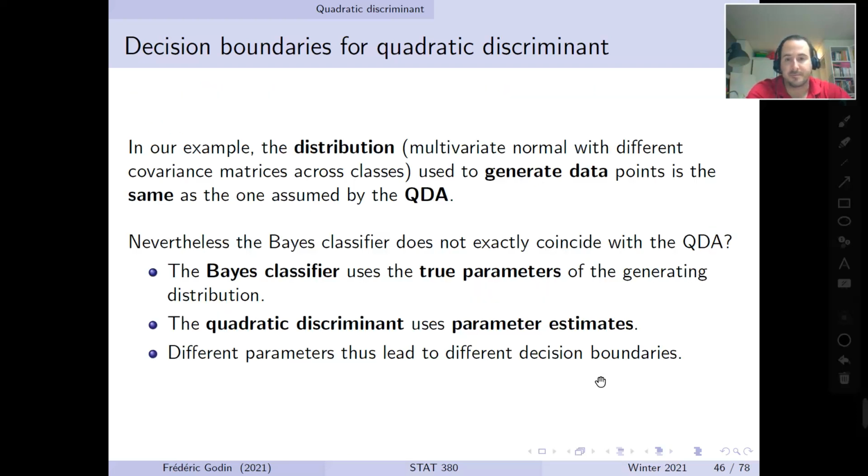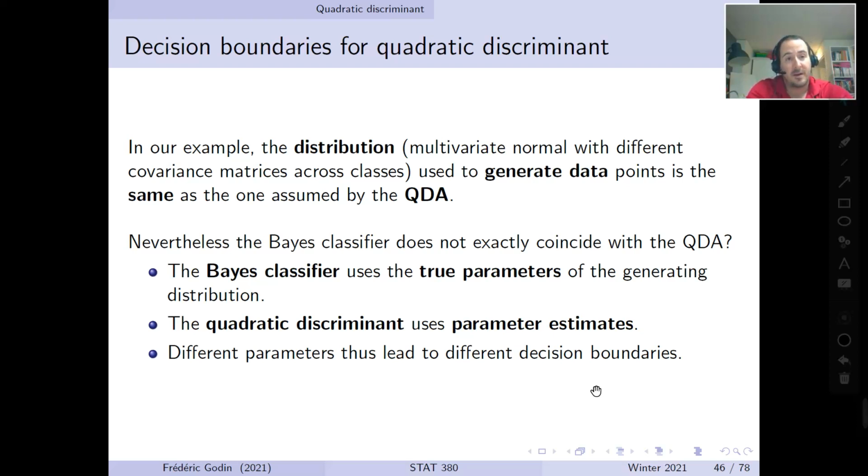And the reason is simple. It's because the Bayes classifier knows the true value of the parameters. Okay, it assumes that we know exactly the true values of the Gaussian distribution, whereas the quadratic discriminant analysis had to estimate the parameters, so it used parameter estimates instead of the true values. So this is why both methods yield different decision boundaries.